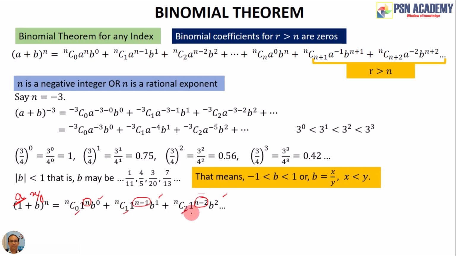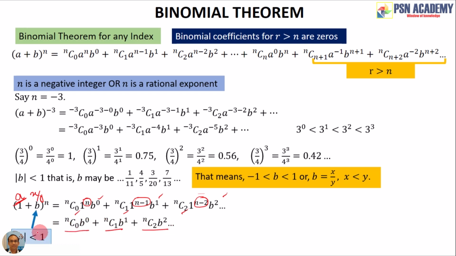Just the same thing we have learned so far, but here we can get a simplification of the term nC0 b raised to 0, because 1 raised to n, 1 raised to n minus 1, these terms are actually 1, so we can omit them and we can have this kind of simpler form.